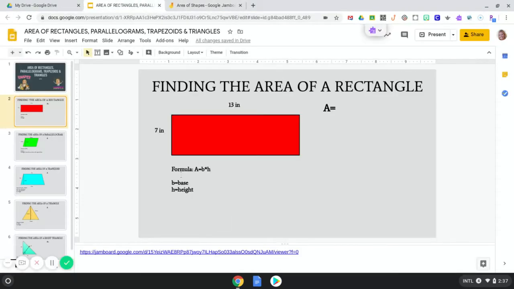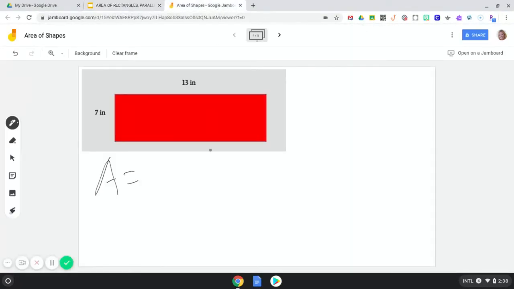You'll notice down here the formula for finding the area of a rectangle is the base B times the height H. Now, it doesn't really matter which one's the base and which one's the height. It really just depends on what the shape is sitting on. Right now, the shape is sitting on what would also be 13 inches.